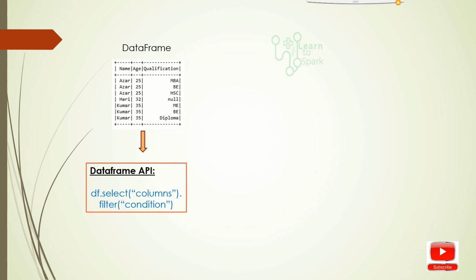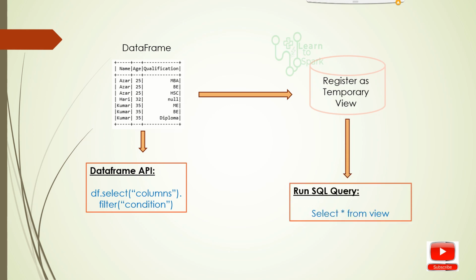For that, this data frame has to be registered as a temporary view, and on top of this temporary view, we will fire a select query which will return the results. In such a way, the global temp view or the temporary view will be useful for SQL experts to directly run a query on a data frame.